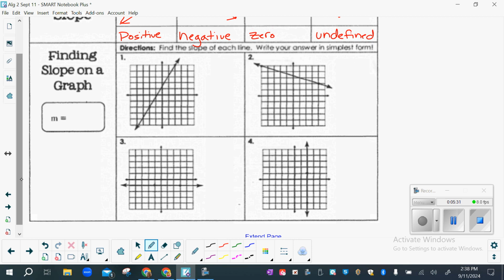Okay, finding slope on the graph. M equals rise over run. So we are going to find 2 points on the graph. Can they just be any 2 points on that line?